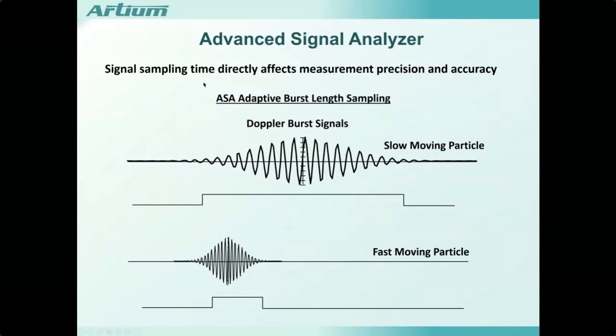And we know from the theory that signal sampling time directly affects the precision and accuracy of the measurement. So it's important to process the entire signal. Once again, the earlier Fourier transform instruments would use a fixed record length, no matter how long the signal duration was, and that really compromised the performance.